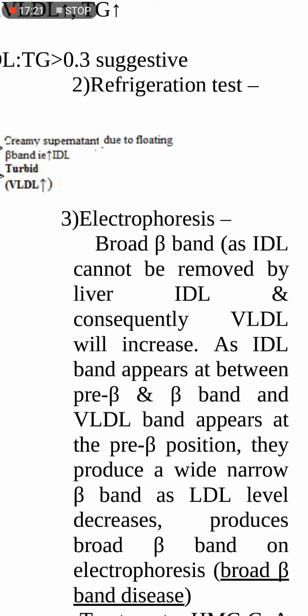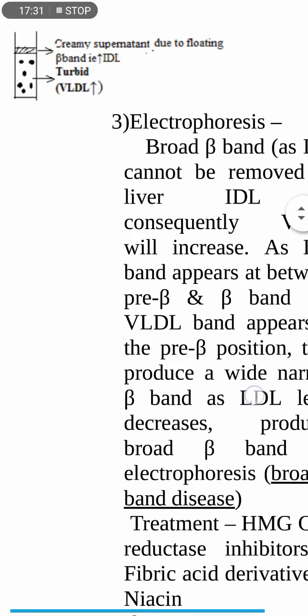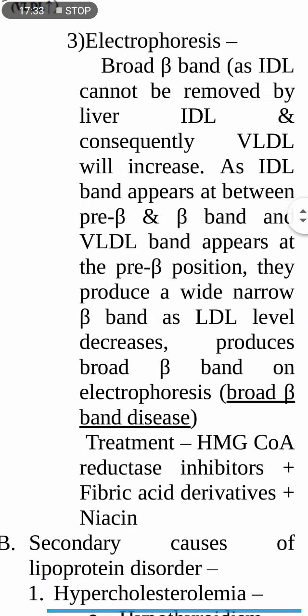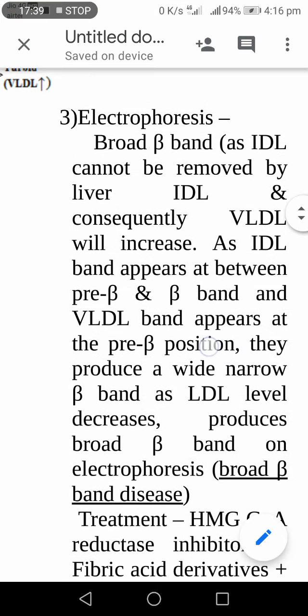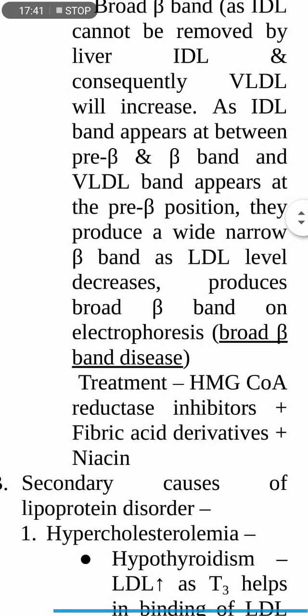As the LDL level decreases, it produces a broad beta band on the electrophoresis. So the disease is called broad beta band disease. Next, the treatment of dys-beta-lipoproteinemia is HMG-CoA reductase inhibitor plus fibric acid derivative plus niacin.